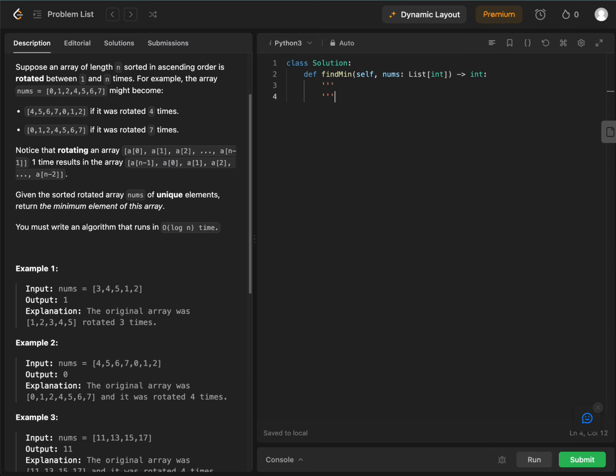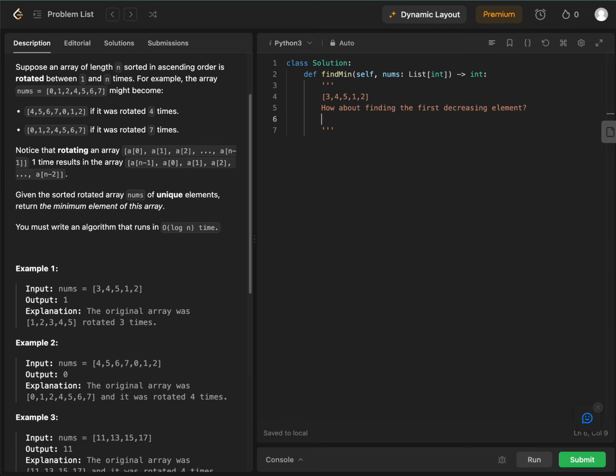Initially, I can't really think of the way we're going to solve this to find the minimum. However, let's just play around with this. We know that we're given an array here, and how about finding the first decreasing element, right?